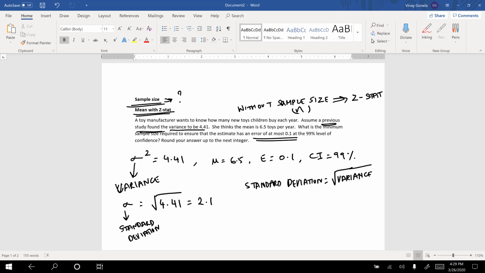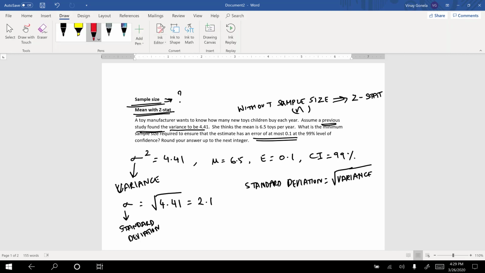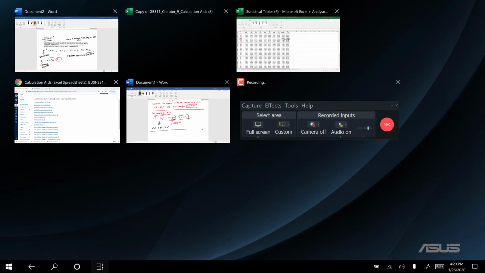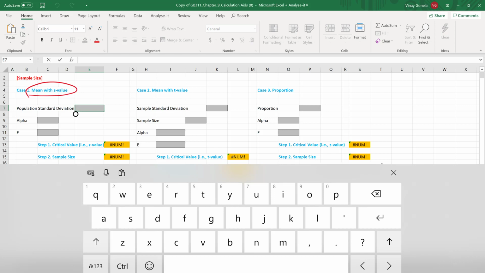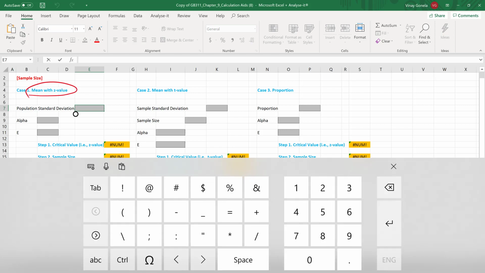So you will use 2.1 for your population standard deviation. I will go to my sheet, and the population standard deviation is 2.1.